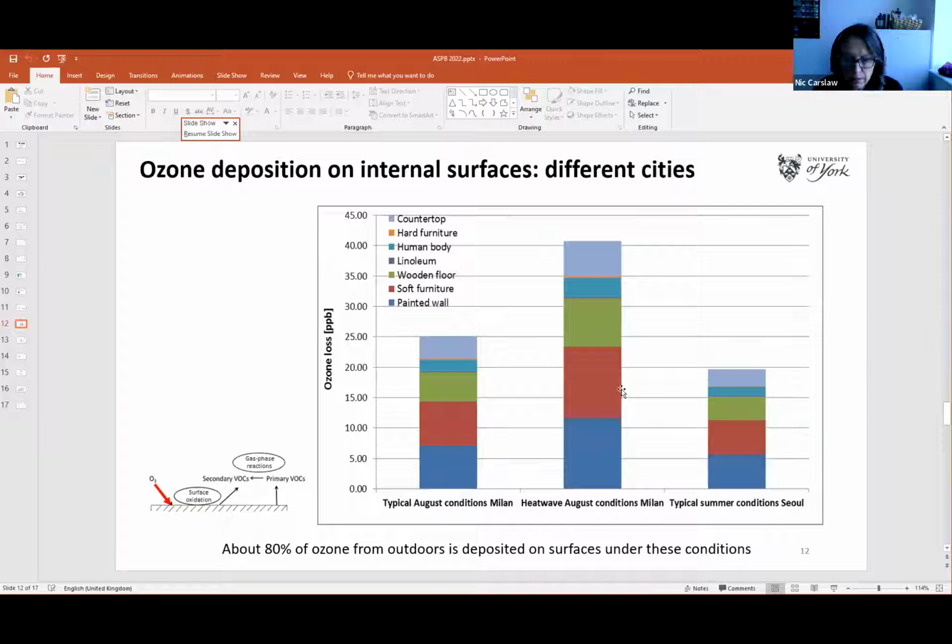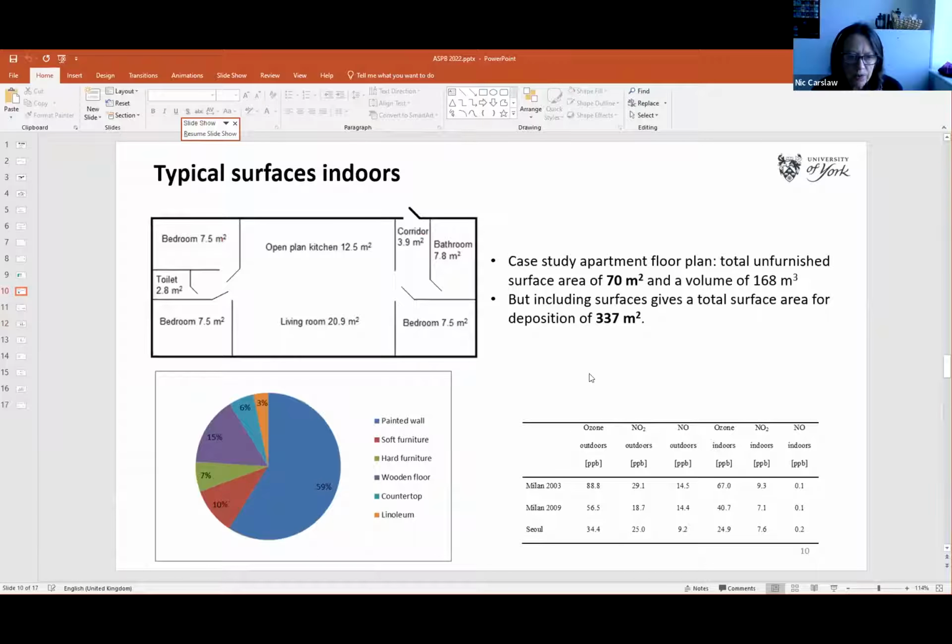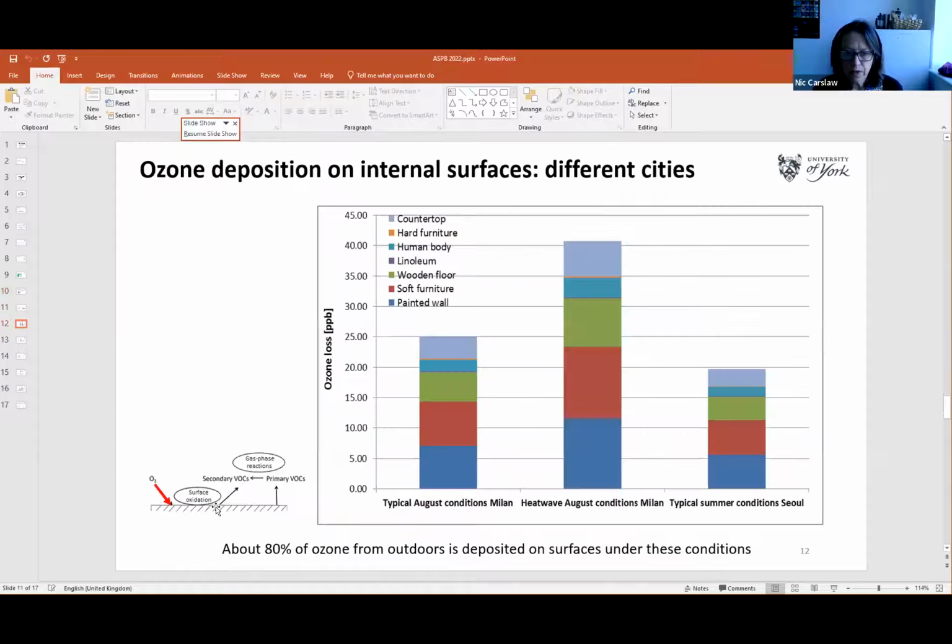If we just skip back, you can see that painted wall is 60%, soft furniture is only 10%. But because that soft furniture has got all of those fibers, it's very fleecy, you can get almost as much ozone sticking onto this surface, even though there's not as much of it. And then we've also got a significant amount of ozone sticking to the wooden floor. So that's what's going onto the surface.